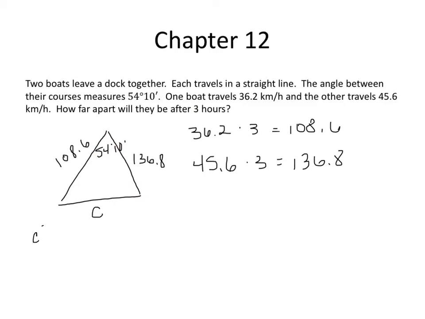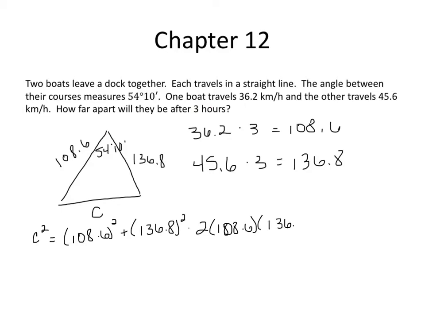We take C squared is equal to A squared plus B squared minus 2 times A times B times the cosine of angle C. Make sure that you are in degrees, and you will find that C squared is equal to 13,113.359.